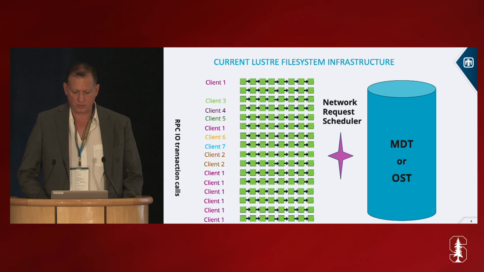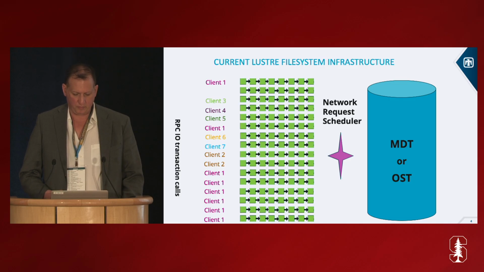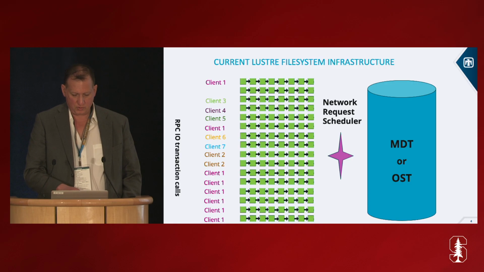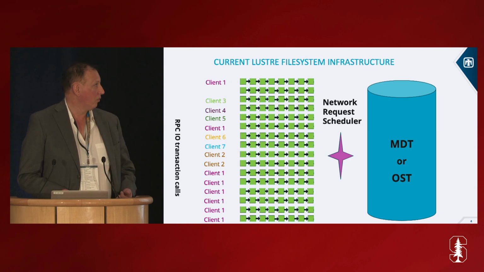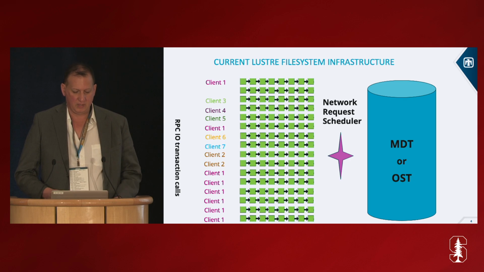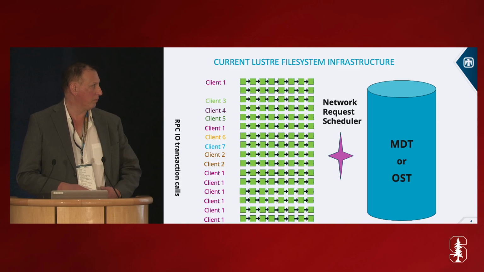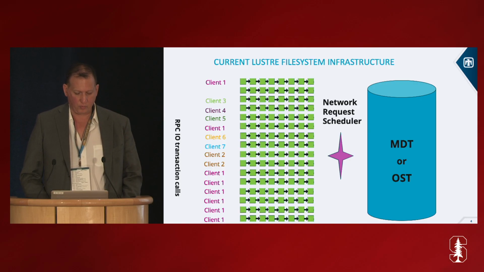This is kind of a big picture look of what's going on. For instance, in this case, we would have client one. Each one of these boxes represents an RPC transaction. There's a chain of them. And each client, from whatever batch job on whatever HPC system, interacting with either an MDT or an OST, would go through the network request scheduler to say, hey, I need this information, I need to make this file modification, whether it be metadata or storage.